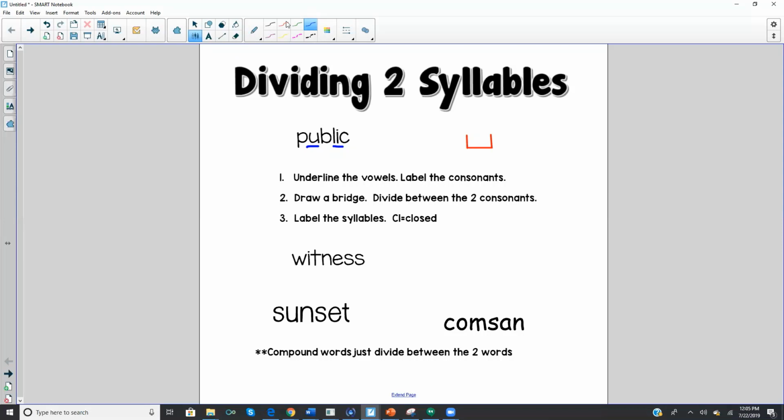So I'm going to grab a red here, and I'm going to draw a bridge between these two vowels, like this. Okay, and the next thing we do is we label the consonants. So what are the two consonants between the two vowels?